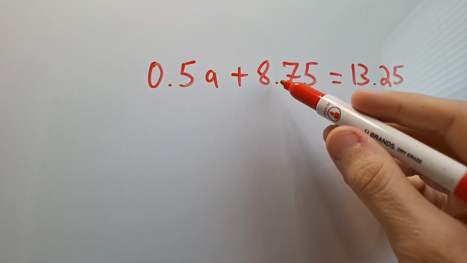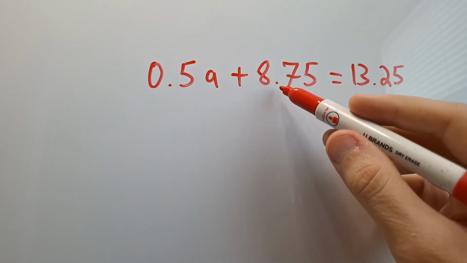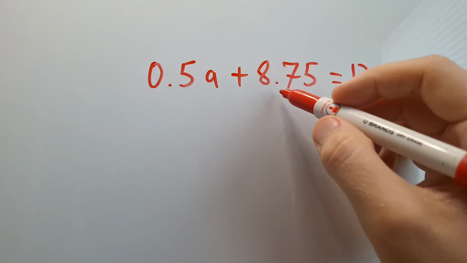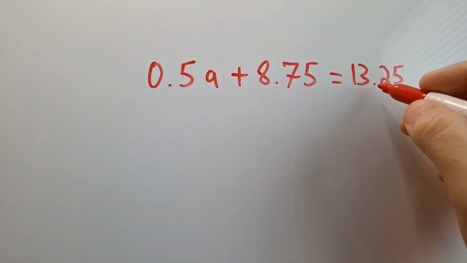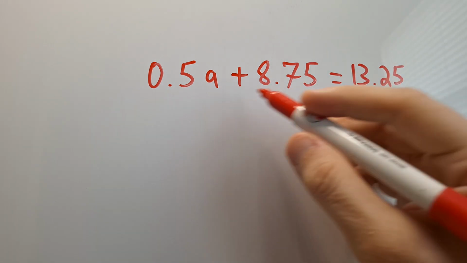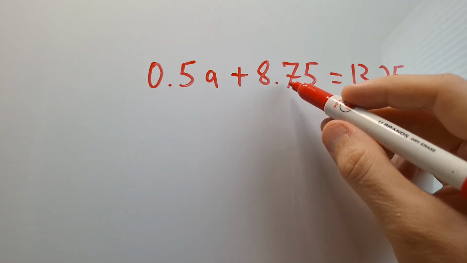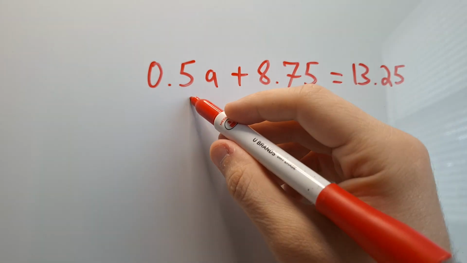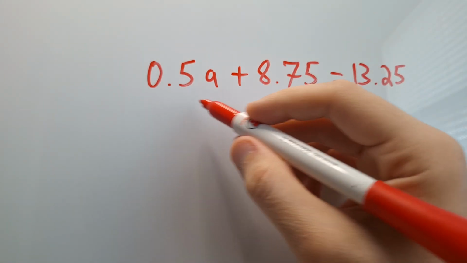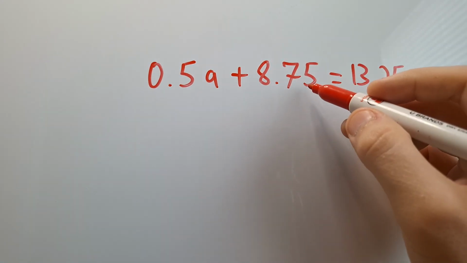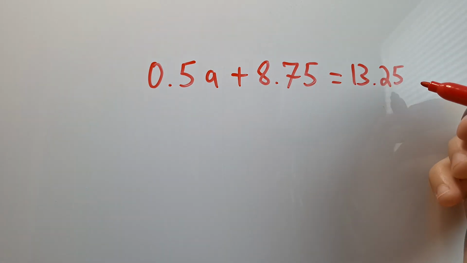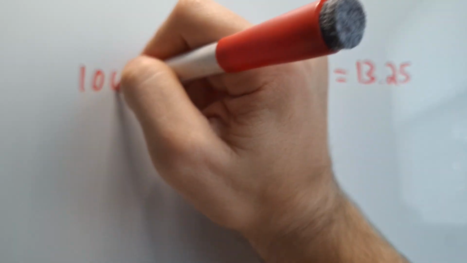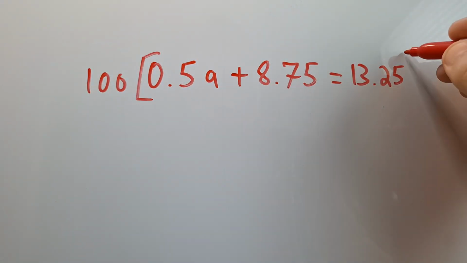If you multiply by the second power of 10, or 100, it'll move your decimal point 2 places to the right, which I'm going to have to do for this problem because I've got 2 numbers behind the decimal here, 2 numbers behind the decimal here, but only 1 here. So in order for all numbers to no longer be decimals, I'm going to multiply the entire equation by 100.